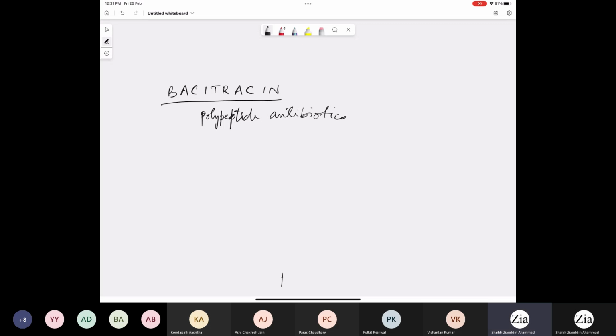But it has certain side effects. With prolonged use of bacitracin, it can create kidney problems, which means it can damage the kidney.